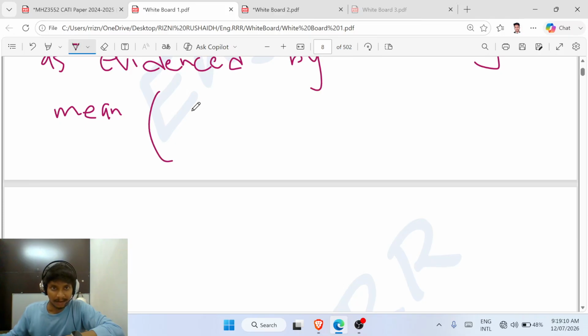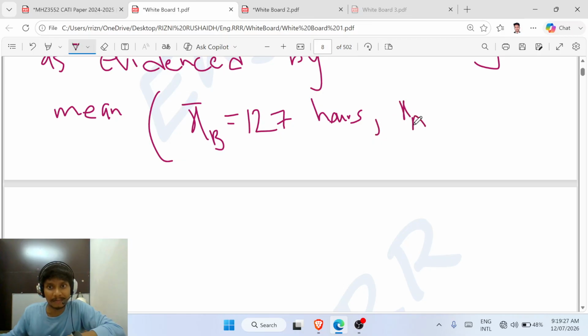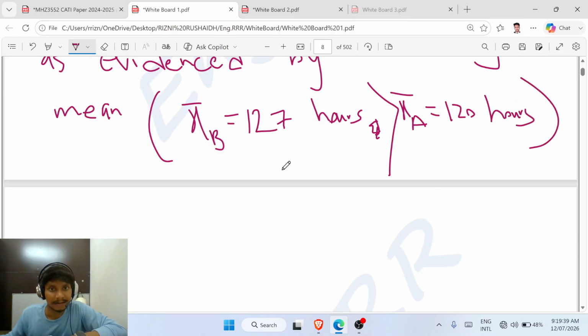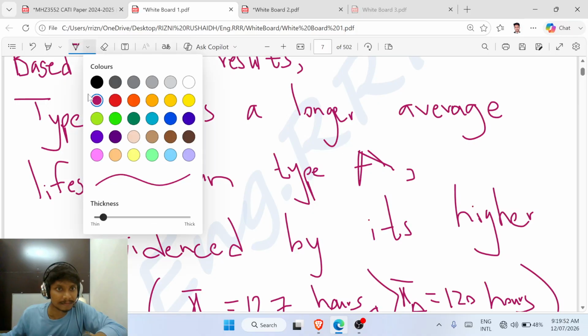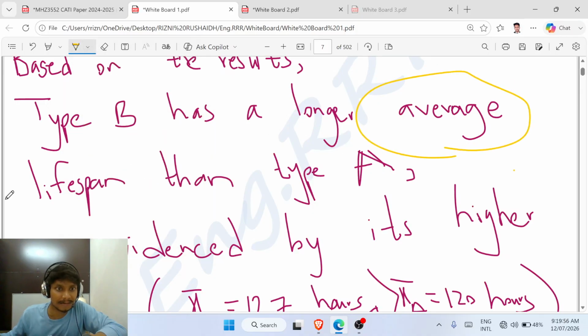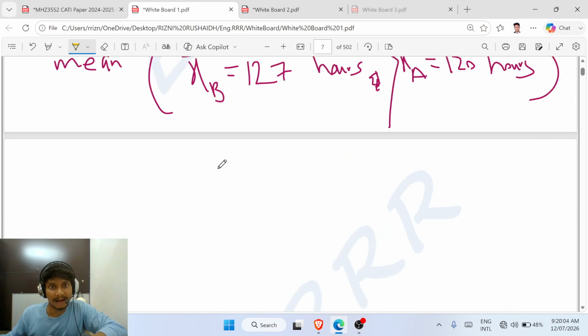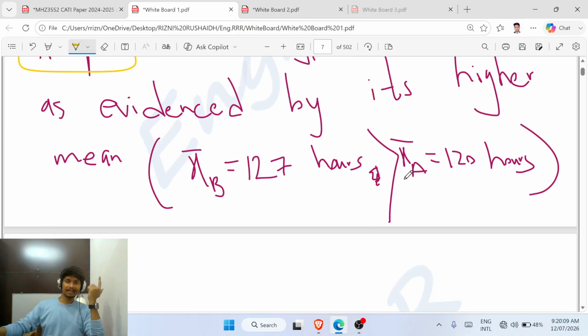What is the meaning? XB bar is equal to 127 hours, which is greater than XA bar, which is equal to 120 hours.